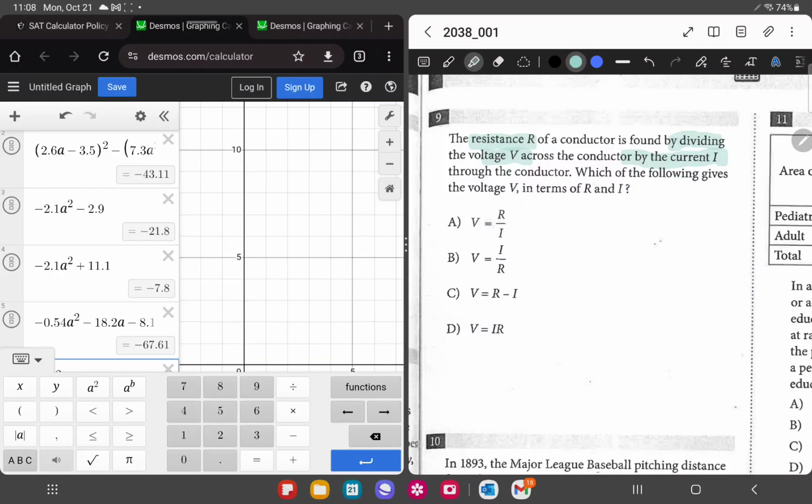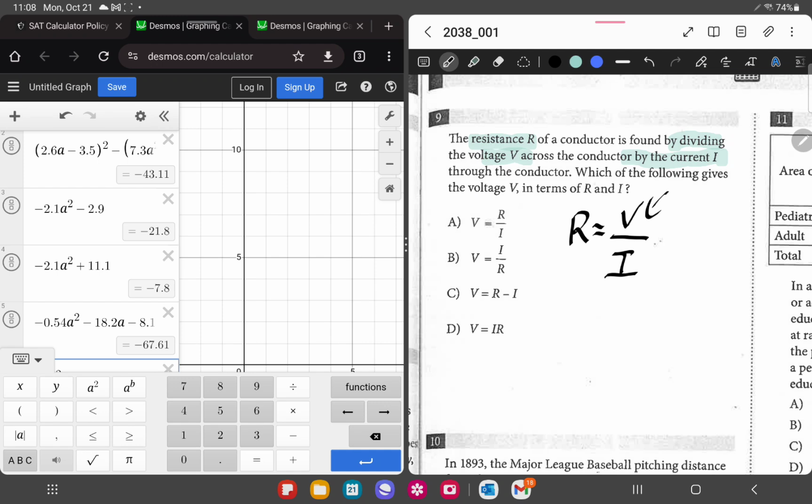Which of the following gives the voltage in terms of R and I? So now what they're giving you here is the formula for R. They're saying R is going to equal voltage divided by your current, which is going to be represented by I. Now they're asking you, what is the function for V? So now we're going to be talking in terms of V.